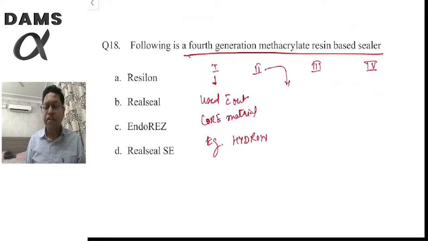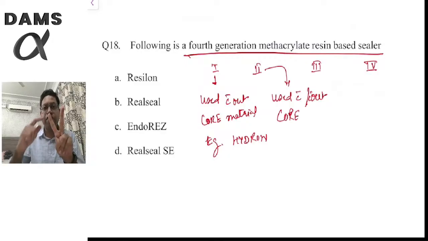Second generation, they are used with or without core material. What is core material? We use two things for obturation of the root canal. One is a core material like a gutta-percha cone and sealer all around it. So in the first generation, we are not using any core material, simply obturating the root canal by filling it with sealer.